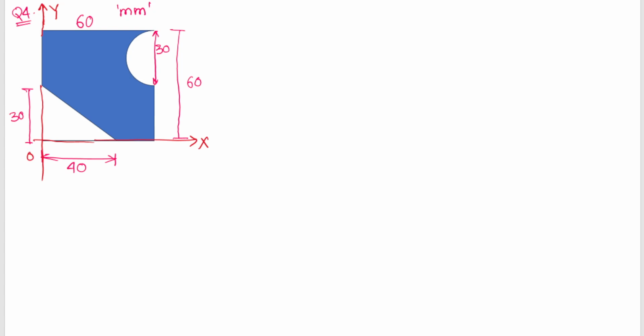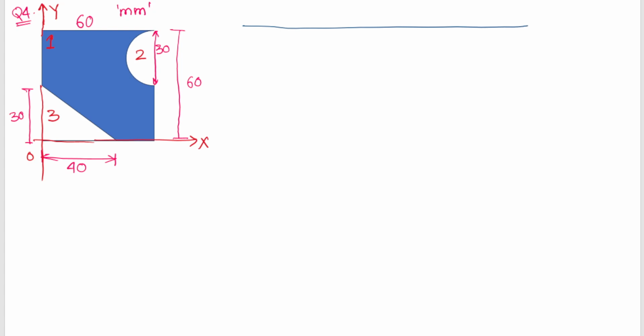We have successfully drawn our reference axis. Now how many areas do we have? We have 3 areas. The first area is my biggest one, a square of side 60 into 60. The second area is this semicircle, and the third area is this triangle, and these two areas are being taken out from the bigger square.